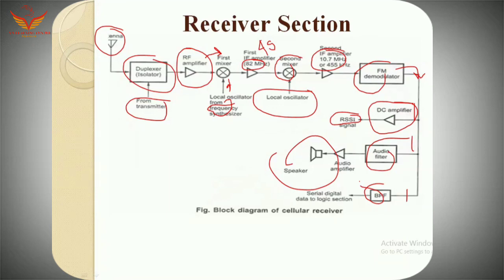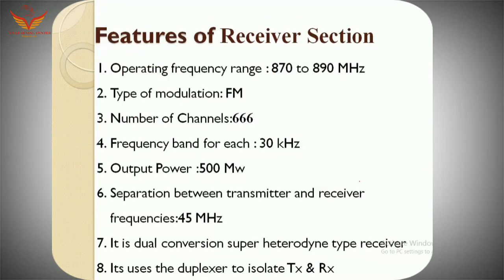So these are the three output stages. The next topic about the receiver section is the frequency features of the receiver section. First feature, the operating frequency, is 870 to 890 megahertz. Type of modulation is frequency modulation. Total number of channels is 666.